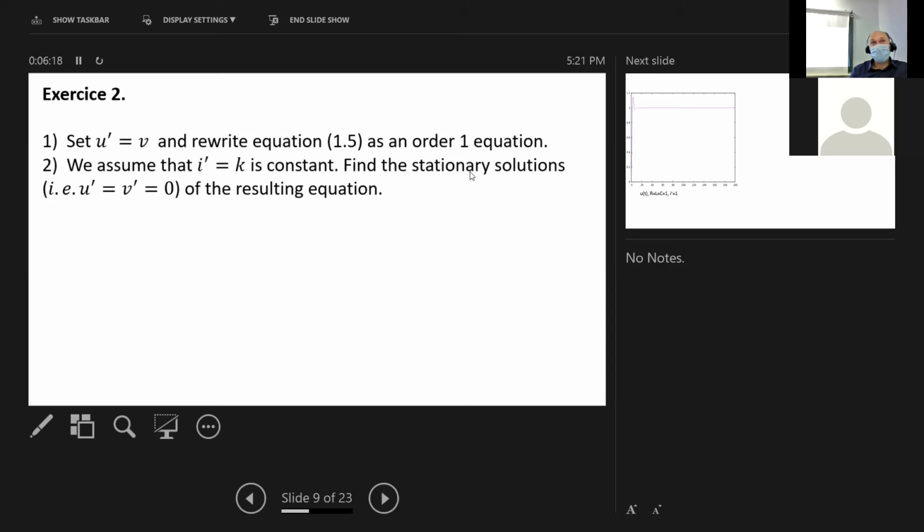It just stays where it is. This means that when you take the derivative with respect to time, you have 0. That's a stationary solution. All right, so I let you do that.